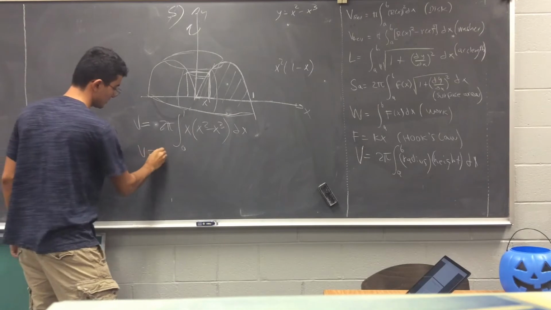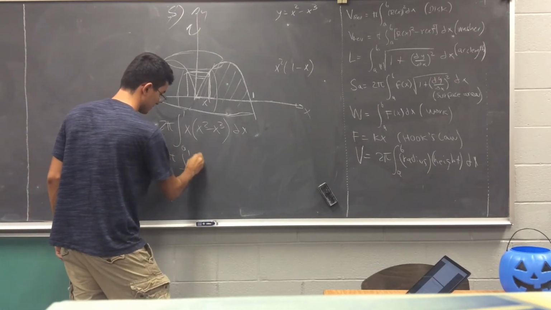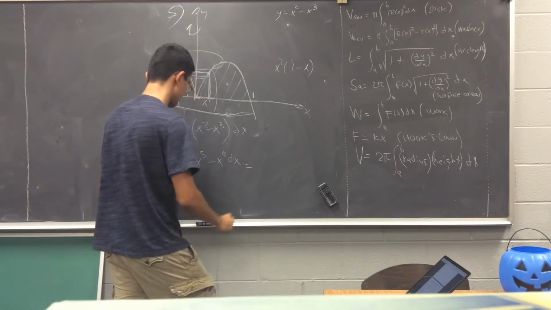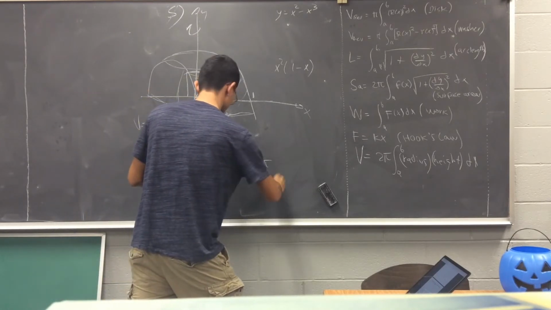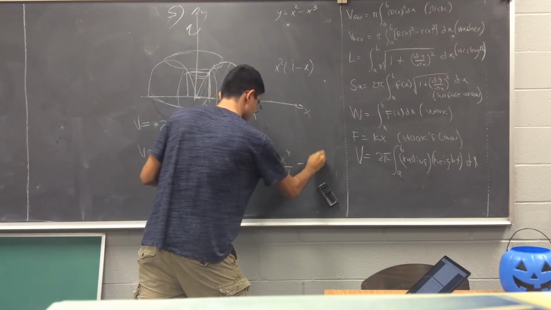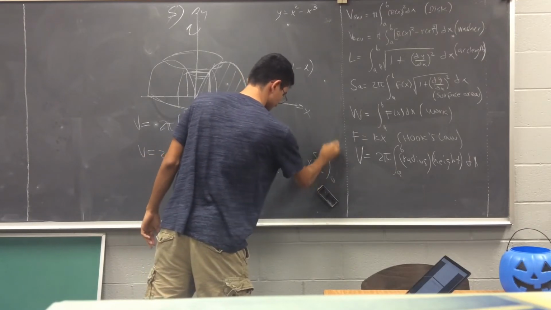So this is going to be 2 pi times the integral from 0 to 1 of x cubed minus x to the 4th dx, and that's going to get us 2 pi times x to the 4th over 4 minus x to the 5th over 5, from 0 to 1.